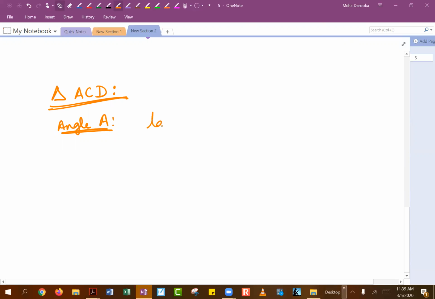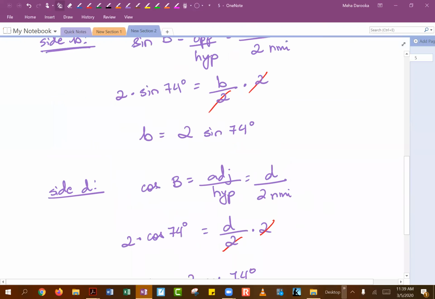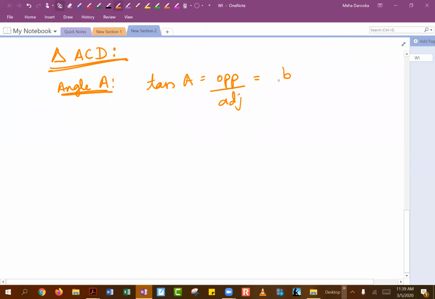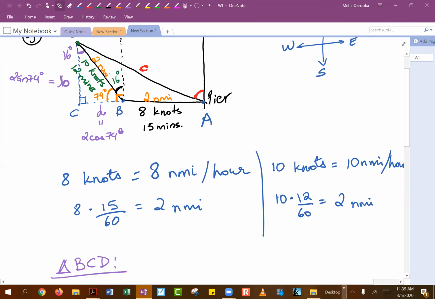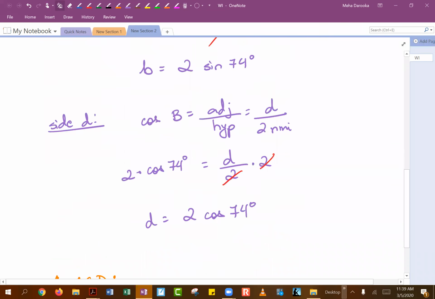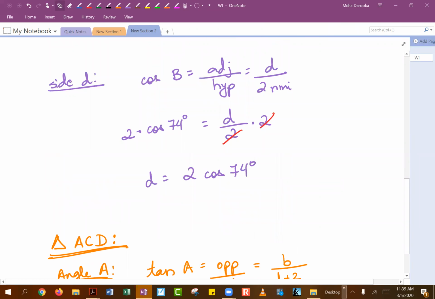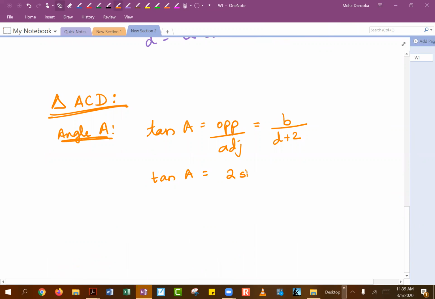That's going to be tangent of angle A, which is opposite over adjacent. Your opposite side is side B. The adjacent side is going to be the side D plus the 2 nautical miles. We don't know what angle A is, which is what we're trying to find. Our side B calculation was 2 sine of 74 degrees.